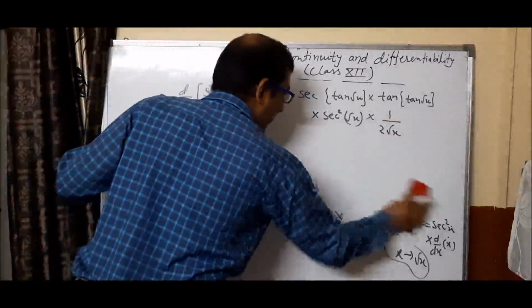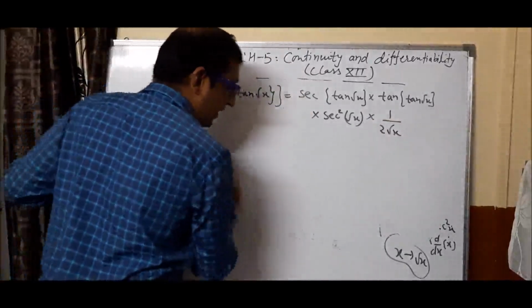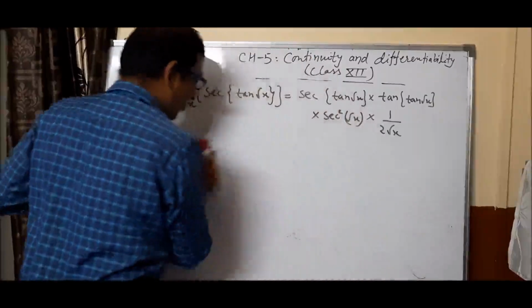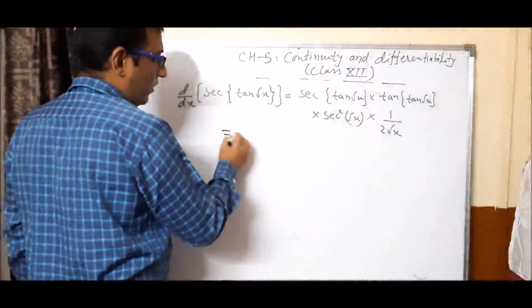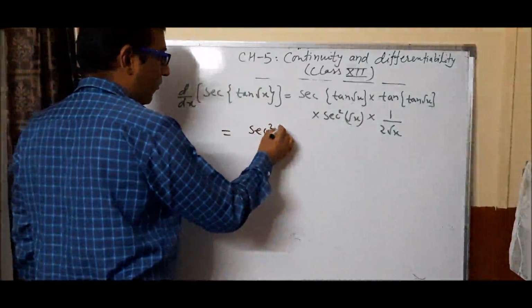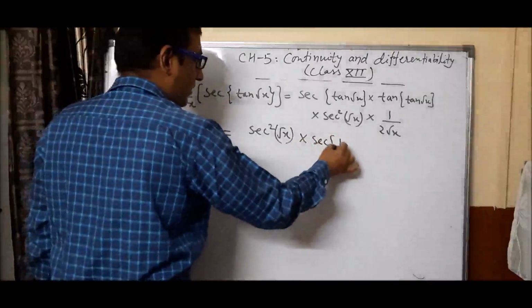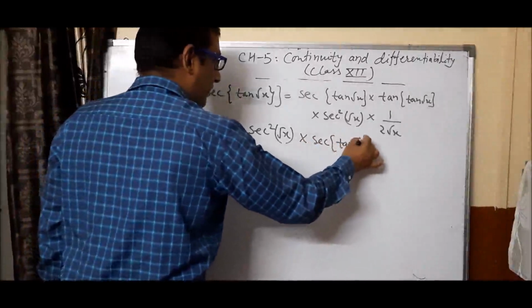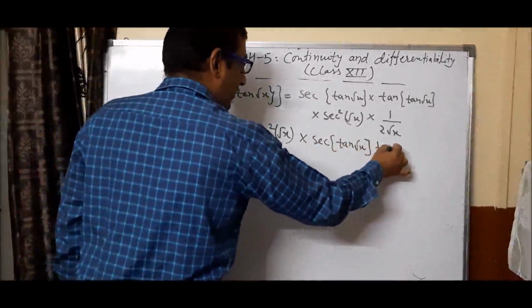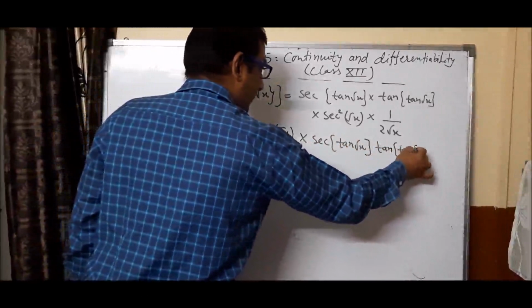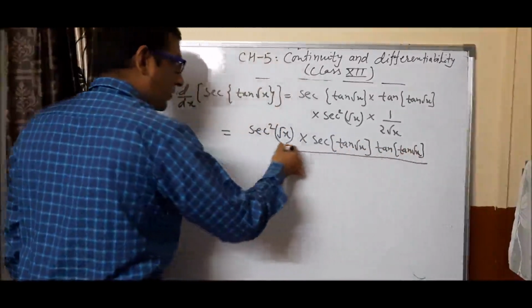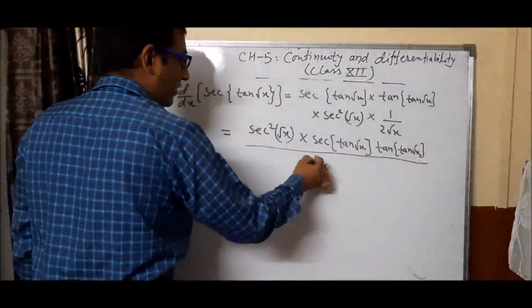Now we rearrange it and get the answer, which is similar to our previous answer: sec square root x into sec tan root x tan root x upon 2 root x.